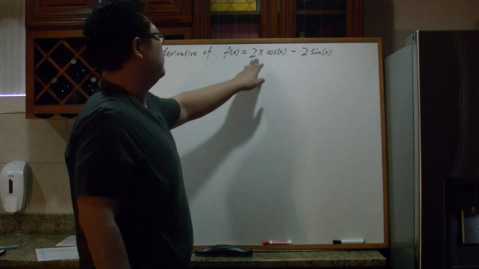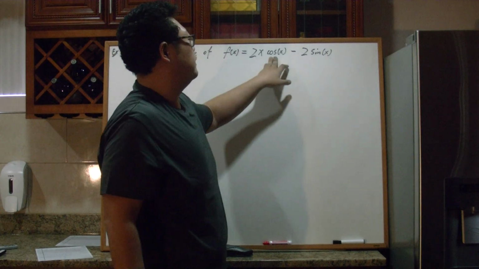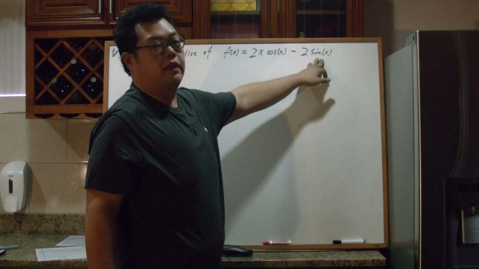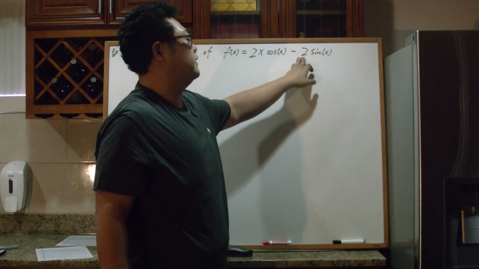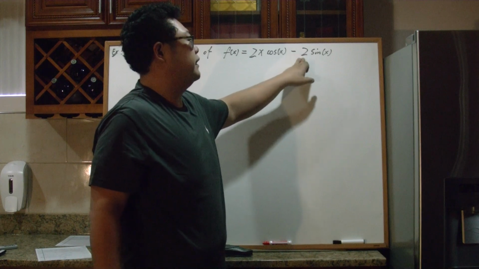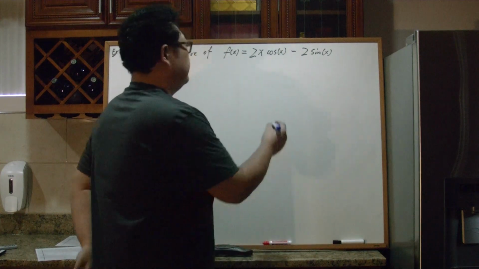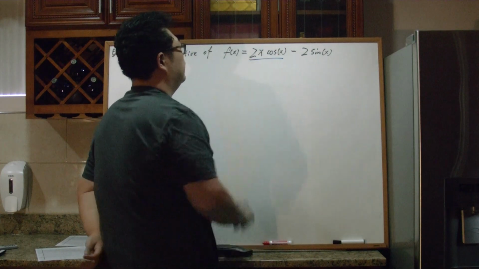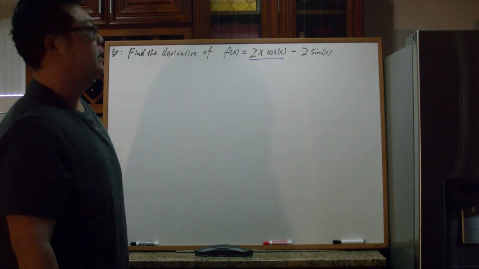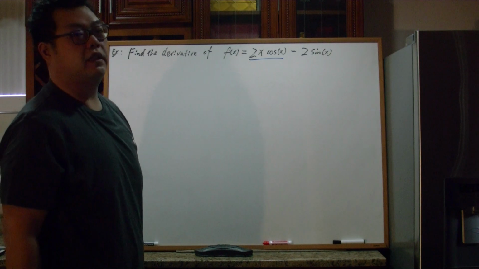Right, the first expression is a product, 2x times the cosine x. The second one is not a product of functions. Right? It's just a scalar multiple. We have a negative 2 multiplied by a sine of x. So we need to apply the product rule only for the first expression. For the second, if you apply it, it's the same thing, right?